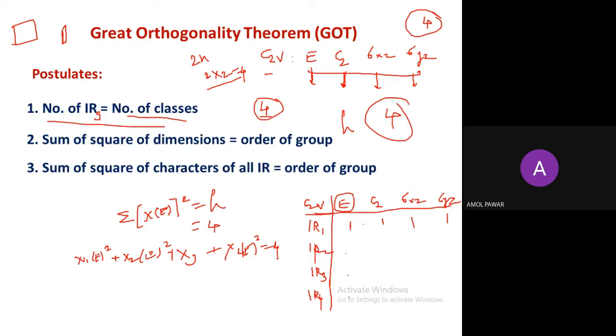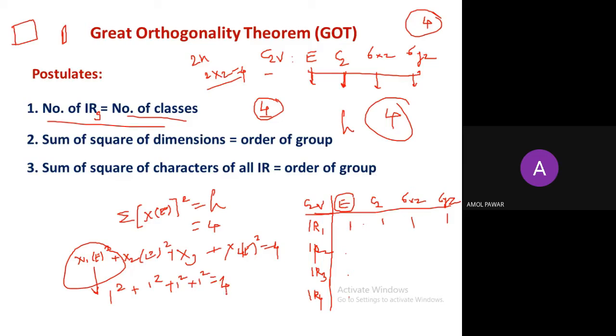Now which values do we have to put to get 4? The character of the first identity is 1. So 1 squared plus, what should be the values of character 2, character 3, and character 4? 1. So we can put 1, 1, 1. So 1 squared plus 1 squared plus 1 squared plus 1 squared is equal to 4.